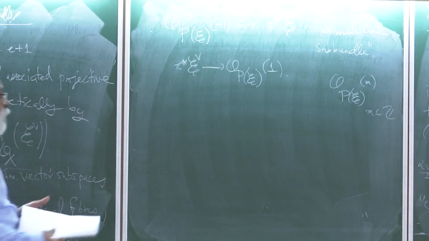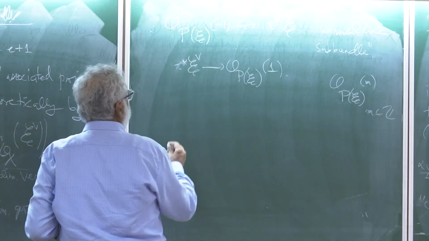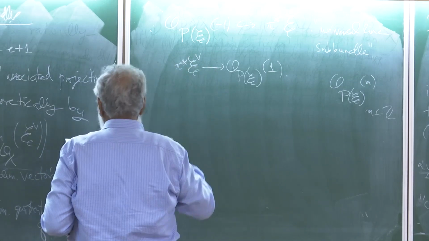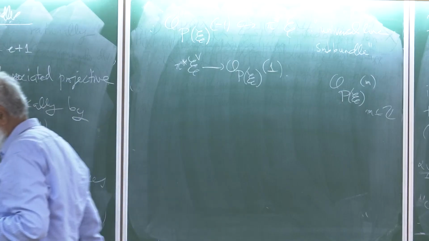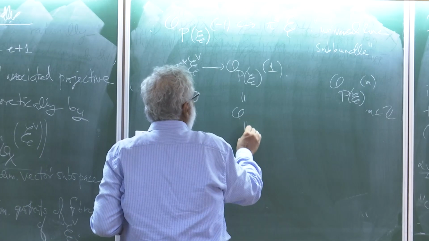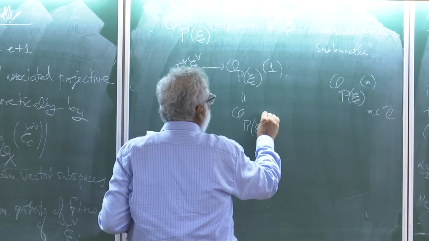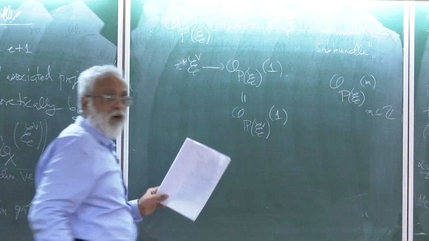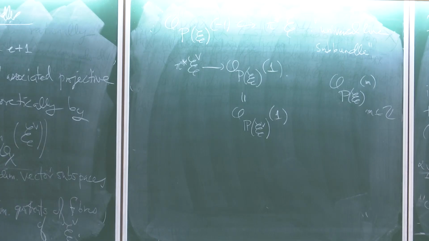Let's notice that this is the same as O in the Grothendieck sense of P(E dual) of 1. Grothendieck would say, take Proj of a symmetric algebra of some locally free sheaf.